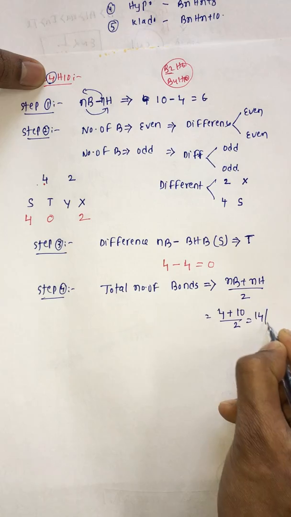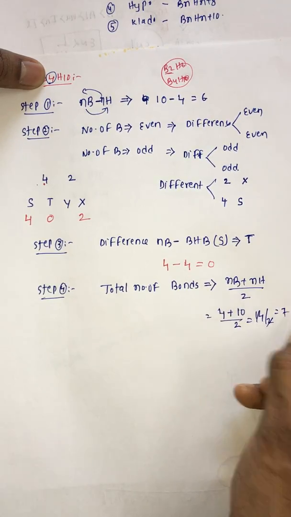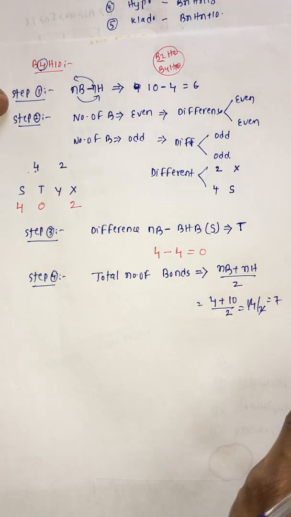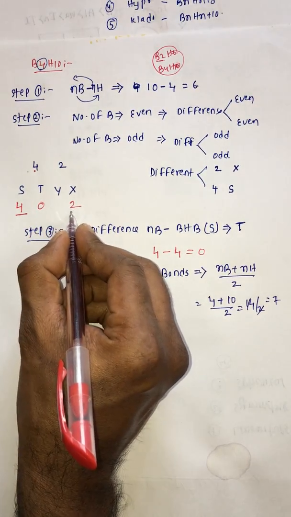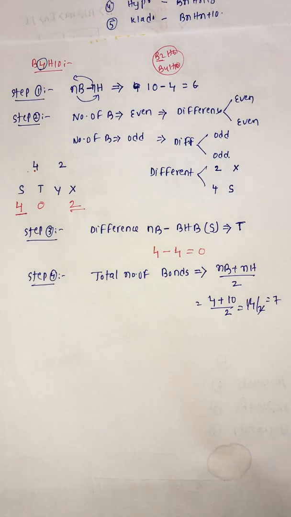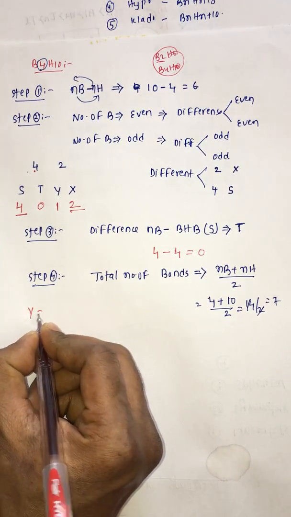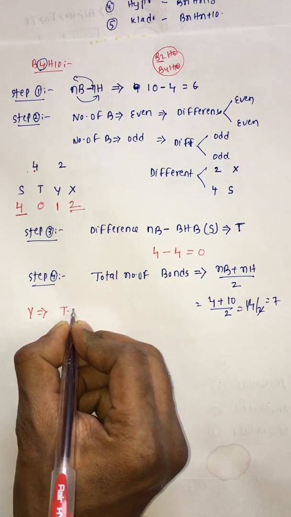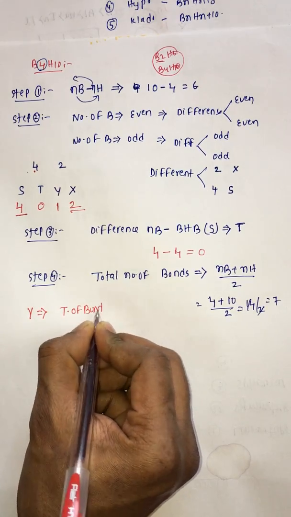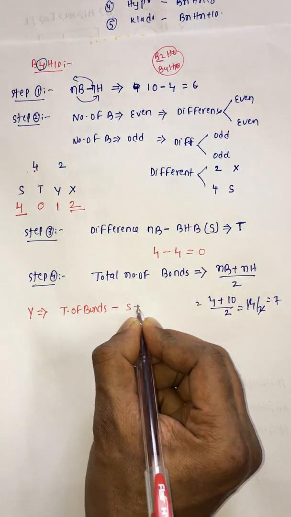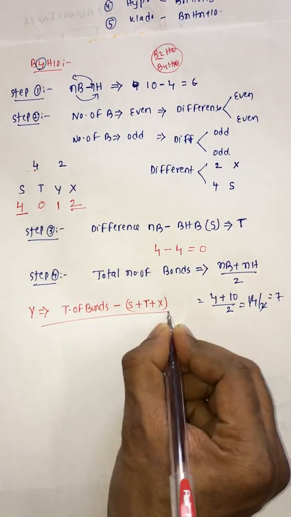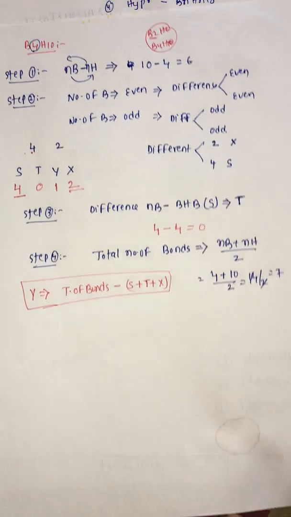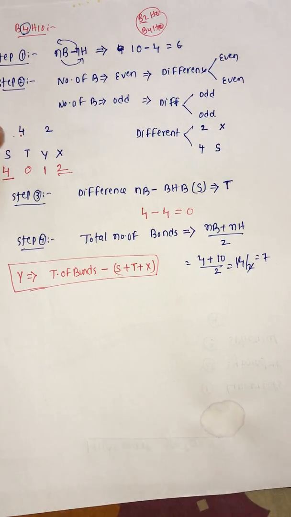This will be 14 by 2, which is 7. So total bonds are 7. Out of 7, 4 came here and 2 came here, so 6 is over. How many is left? 1 is left. So that will be Y. If you want to identify the Y number, it is the total number of bonds minus (S plus T plus X). If you do this, you will get Y. So this is about B4H10.